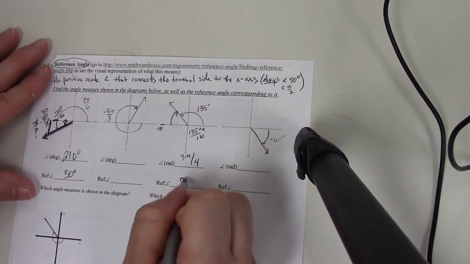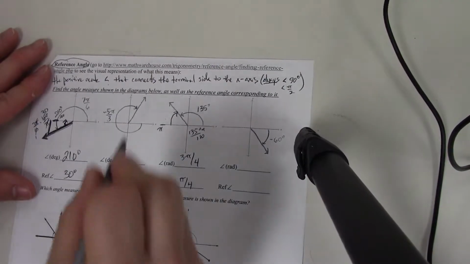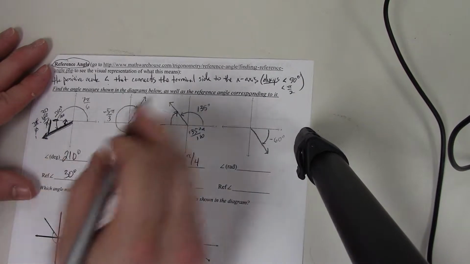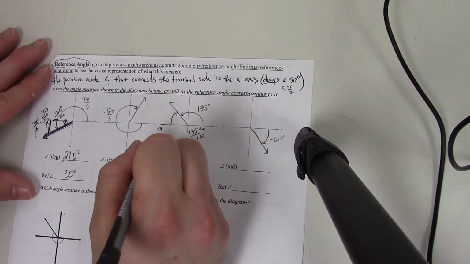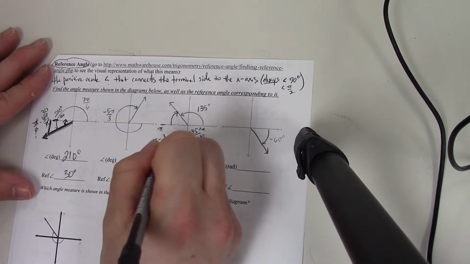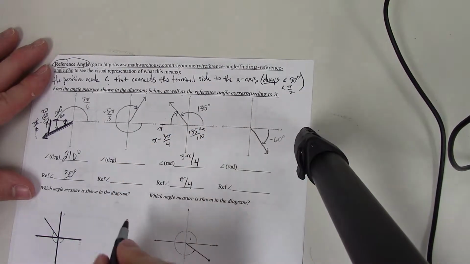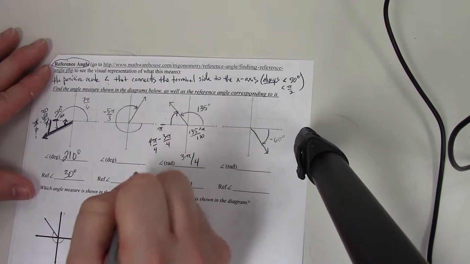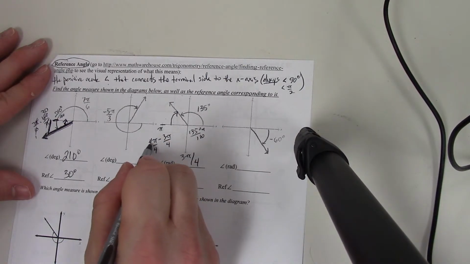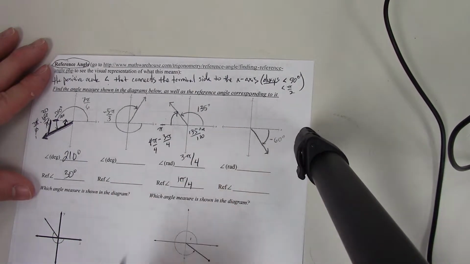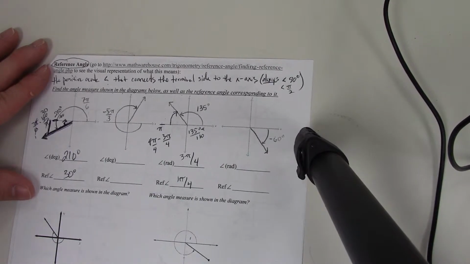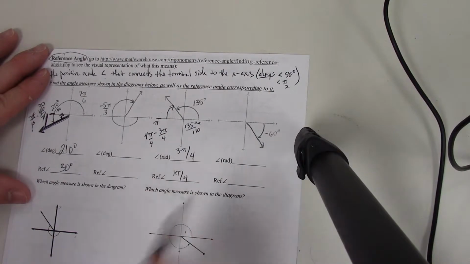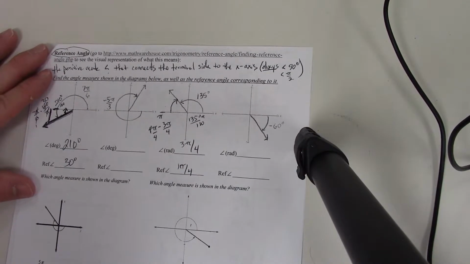Well, pi over 4, 1 pi over 4. Now if you don't know how to do that, what I'm really doing, instead of taking 180 minus, I'm going to go pi minus 3 pi over 4. And to subtract, you need to have a common denominator, which is just 4. So if I multiply the top and bottom by 4, it's just 4 pi minus 3 pi, which is 1 pi. If you put that, that's not wrong either. Okay. On to the next one. I want you to try the other two here, and then double check yours with mine.